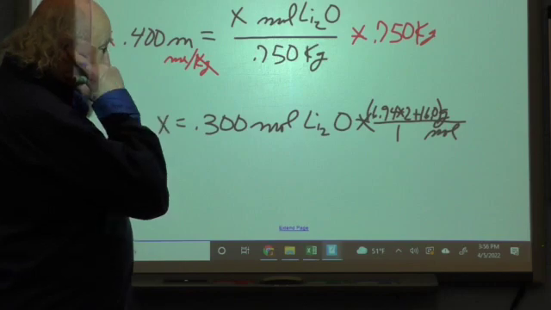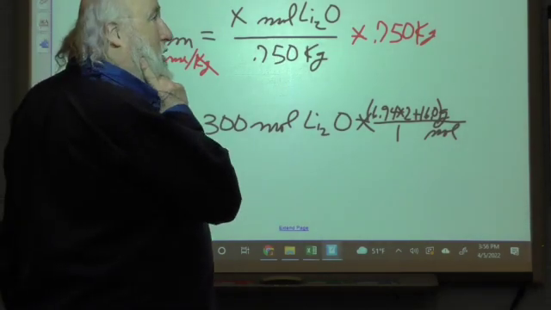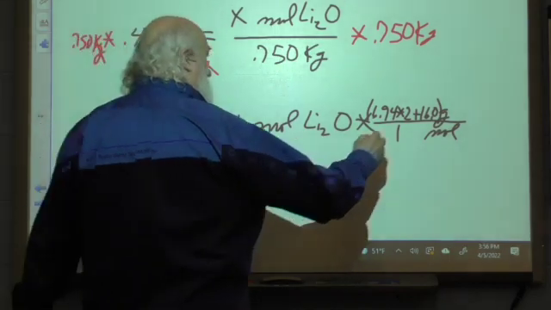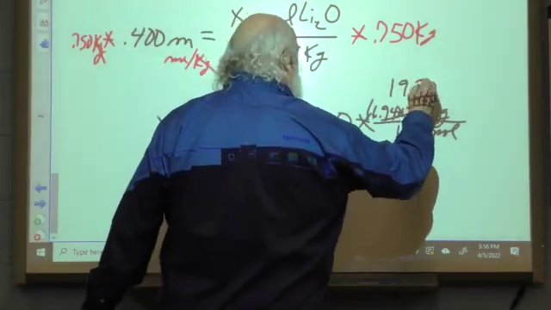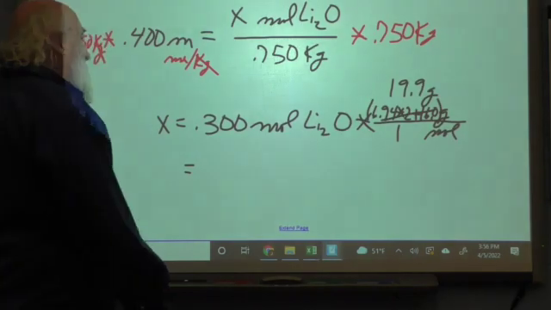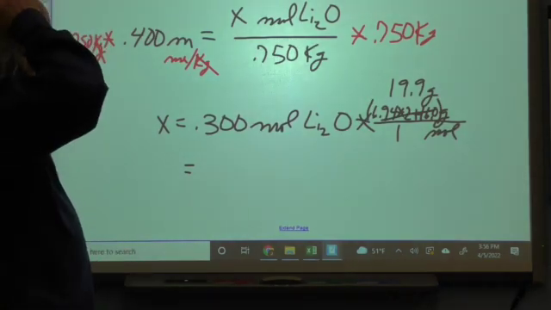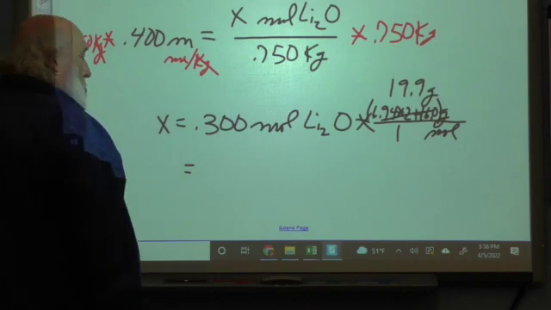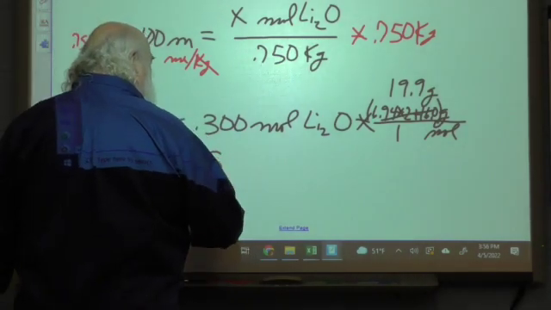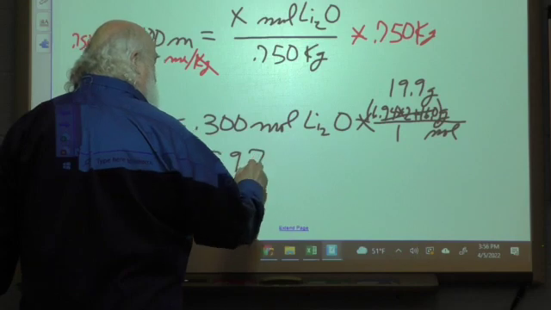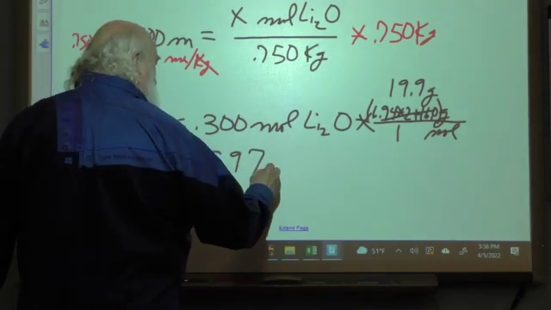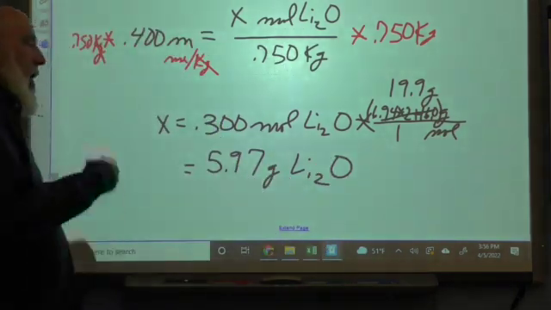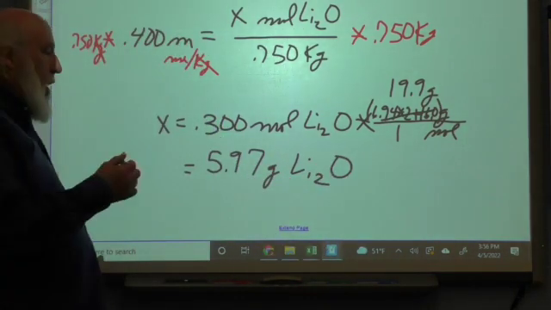So that's 13.88, and 16 makes 29.9 grams. Multiply that out, and that's going to give us 8.97 grams of lithium oxide. And there is your answer.